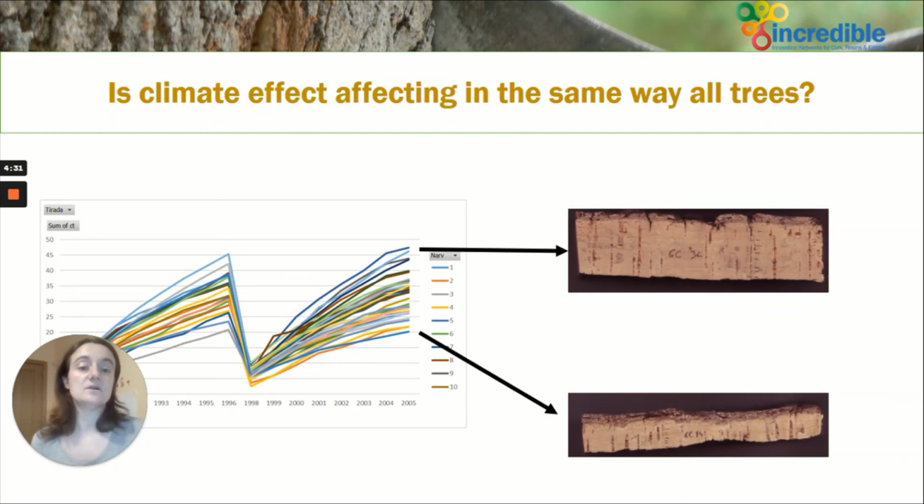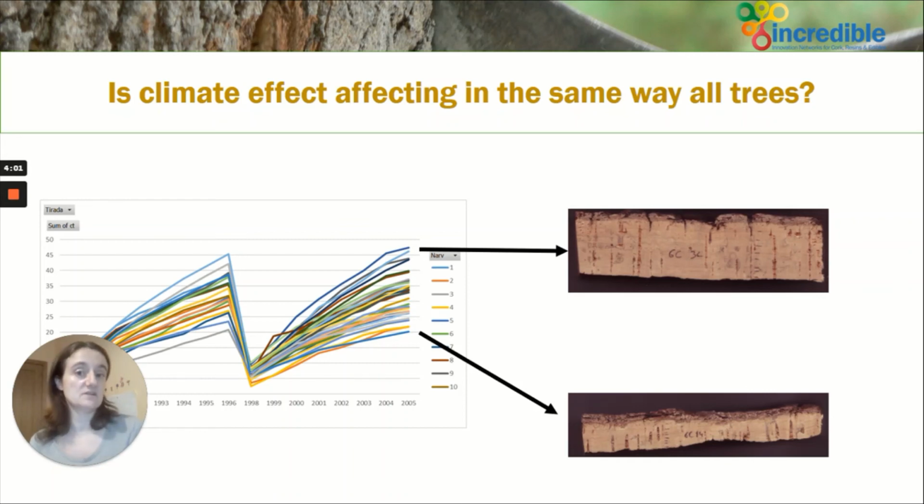So now, after this brief presentation of our results, some ideas on what direction we are moving in. Using, again, this permanent plot data set and the third cork sample, we are looking at whether this climate effect that we have seen is the same for all of the trees.